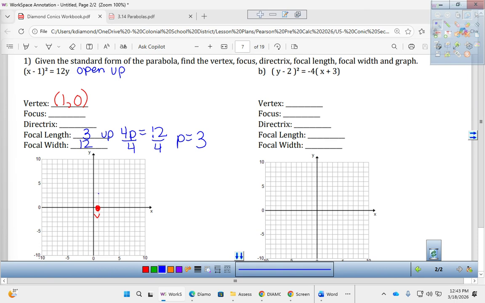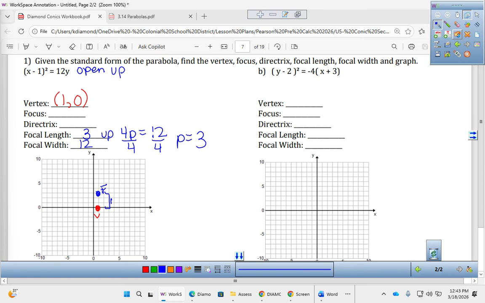from my vertex. That point right there is my focus. This distance right here is my focal length. Right, I went up 3. Now my focal width is 12. That's how wide my graph is going to be at the focus.